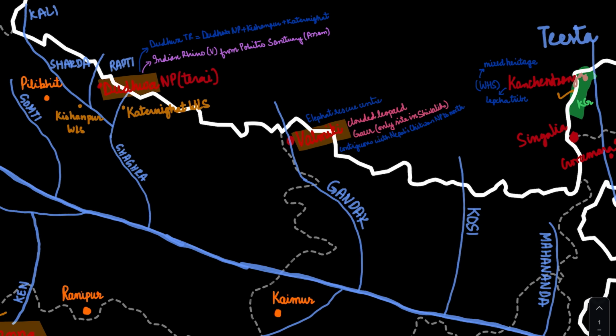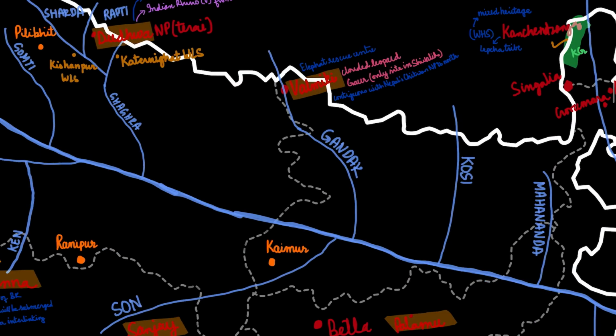Moving to Bihar. Just like Uttar Pradesh, there is just one national park in Bihar, which is the Valmiki National Park. This is also a tiger reserve. Valmiki National Park is known for the Elephant Rescue Center, and it is contiguous with Nepal's Chitwan National Park to the north. The famous species over here are the clouded leopard and gaur.